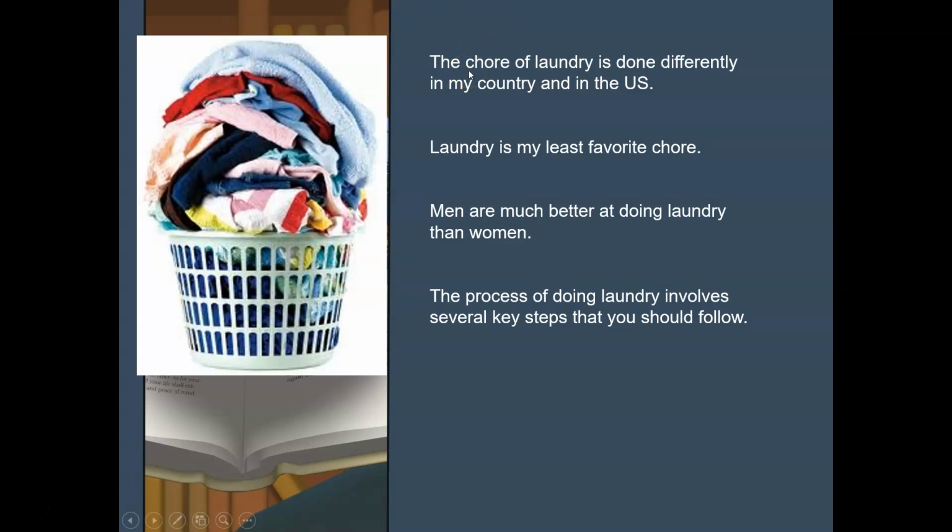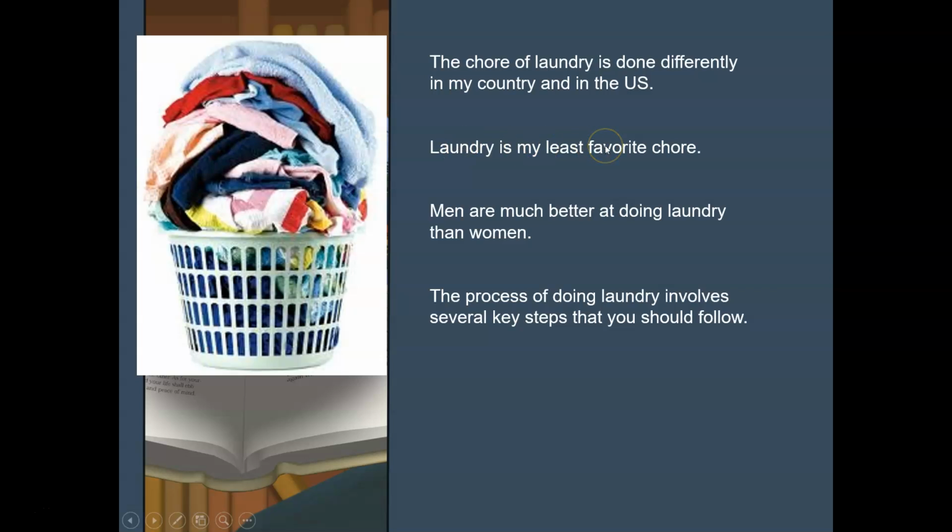Chore means a job that we have to do in our house. For example, laundry, cleaning the bathroom, washing the dishes, mowing the lawn, etc. Those are all chores. So if a paragraph has this topic sentence, it's going to compare laundry in someone else's country and in the United States.